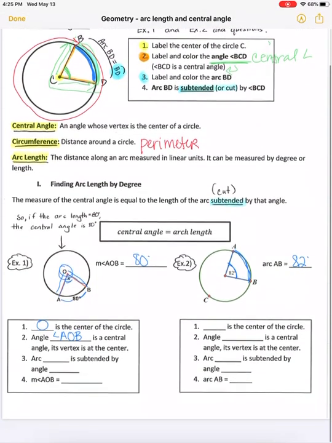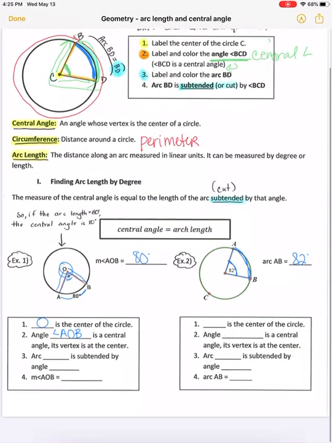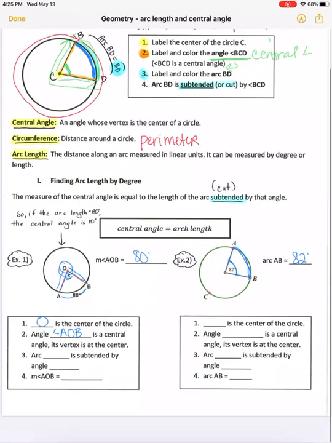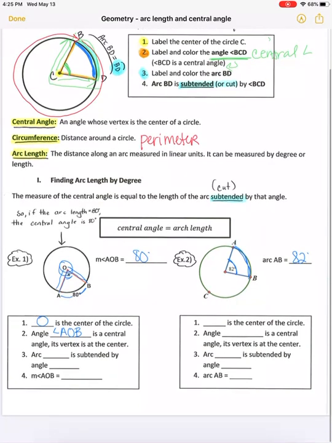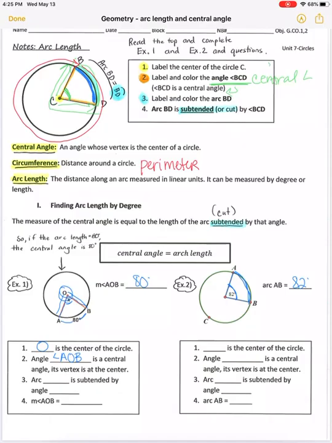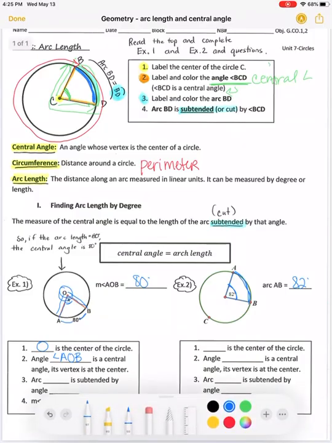Number 3 says arc blank is subtended by angle blank. Subtended means it's cut by, and the arc on this guy is right out here, so it's arc AB. Is subtended by what angle?